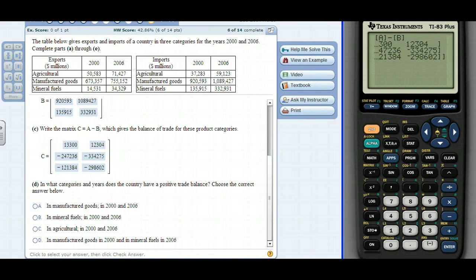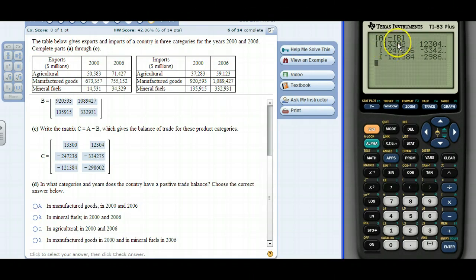Now again, word problems, you want to make sure that you understand what it is your answers mean. So in what categories and years does the country have a positive trade balance? Alright, positive trade balance means you exported more than you imported. So if you exported more than you imported, then A minus B would be positive.